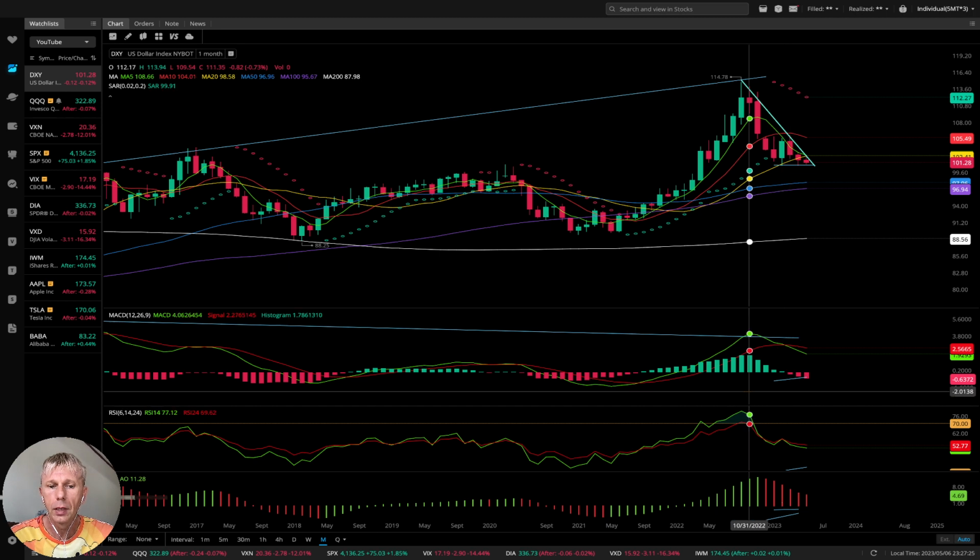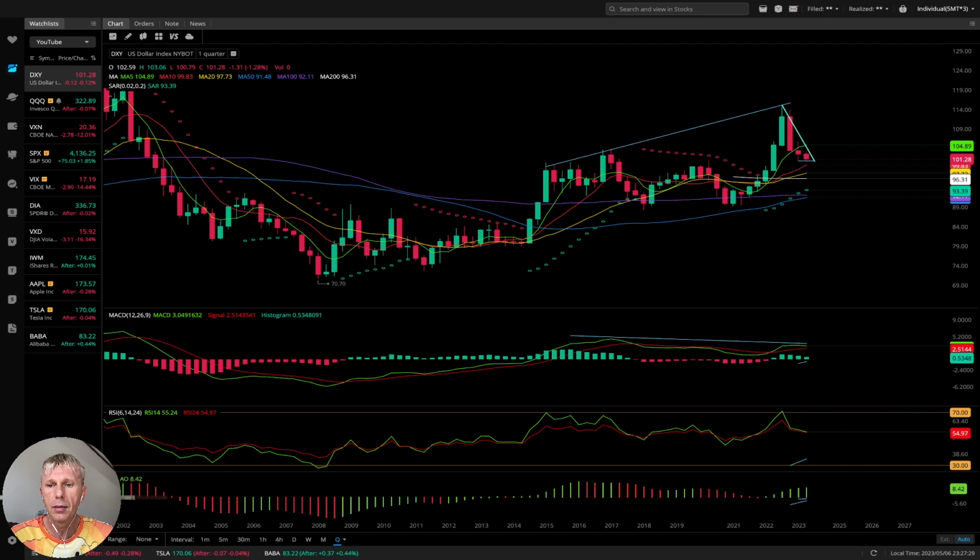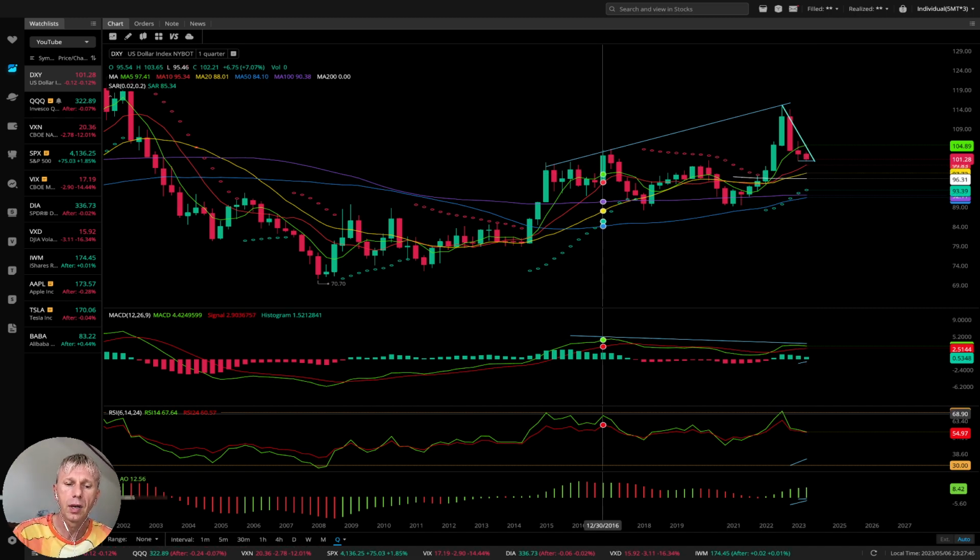For quarterly time frame, same. Actually, for quarterly it is still bullish. You see the last bar was very far from MA20. What it does right now, it's trying to connect back to 20. Bullish trend on all indicators on quarterly time frame only.